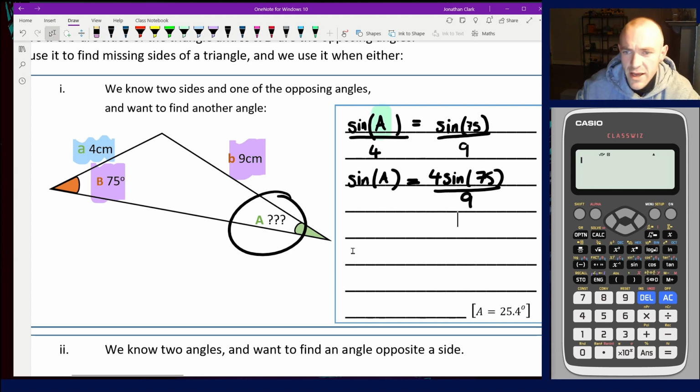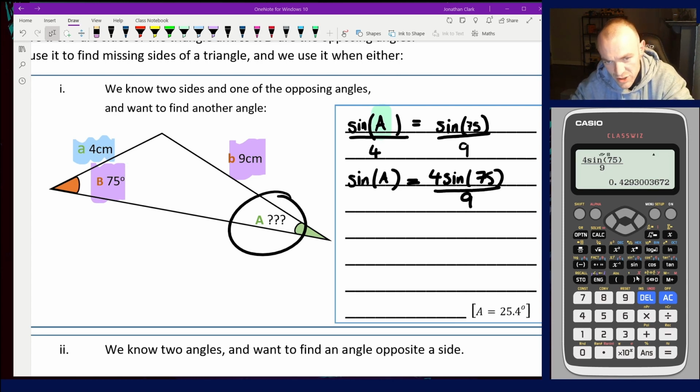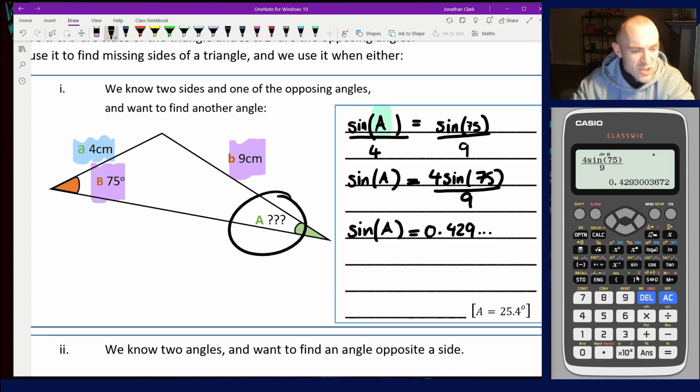I think I can go ahead and type this quantity in on my calculator. Let's do that. It's going to be 4 sine 75 divided by 9. And that gives me an expression, which doesn't really seem like a reasonable answer for my angle.